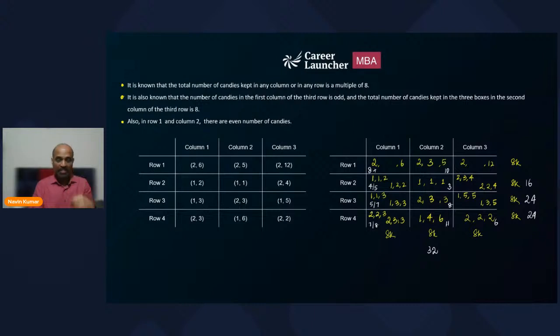So if I take the cases 4, 5, 7, 4, 5, 7 is 9 plus 7. 16. 16 plus 8, 24. Not possible. 4, 5, 7 combo is not possible.